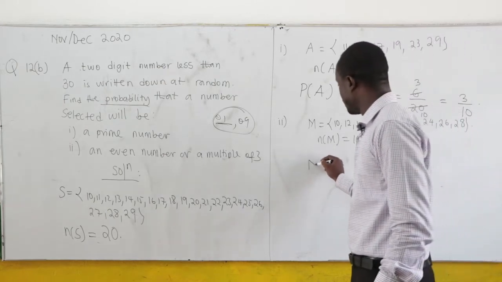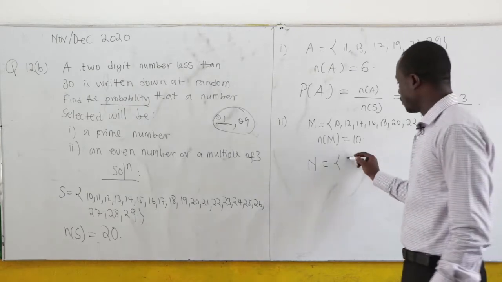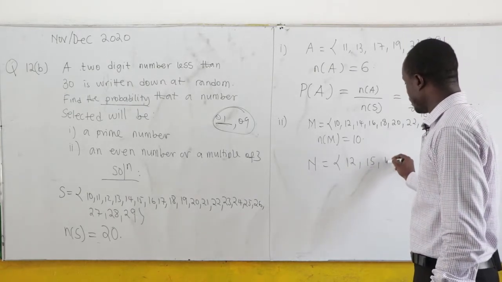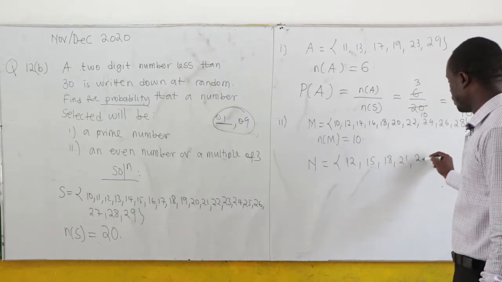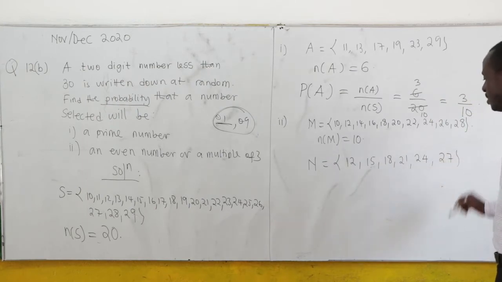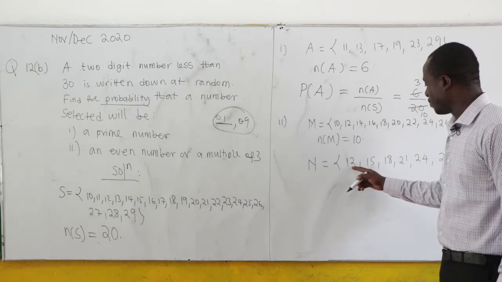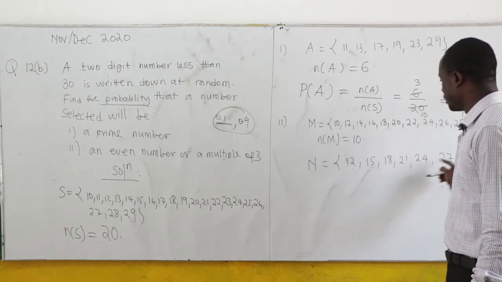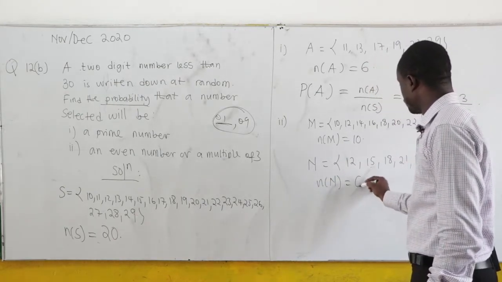Or a multiple of 3. Now let N denote the multiple of 3. So the first one is 12, and then 15, 18, we have 21, 24, and then we have 27. These are the multiples of 3. 1, 2, 3, 4, 5, 6. So the number of N is equal to 6.